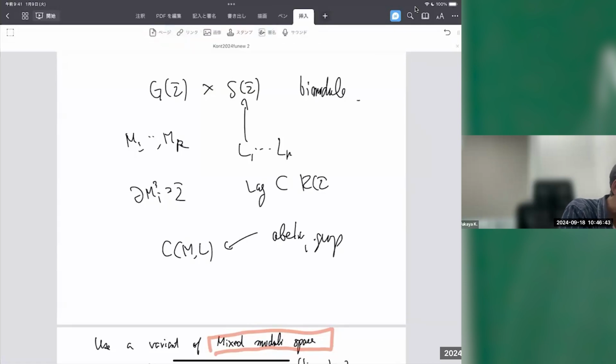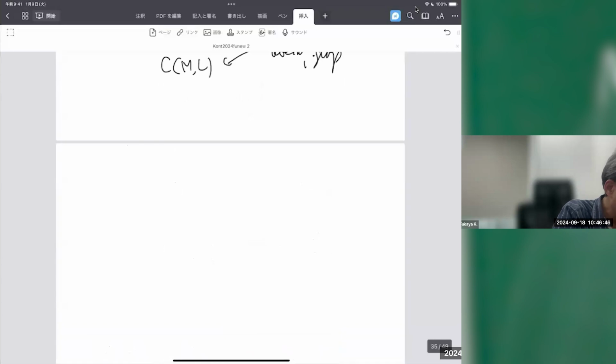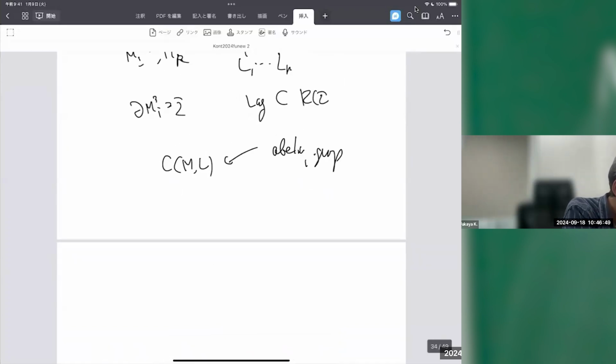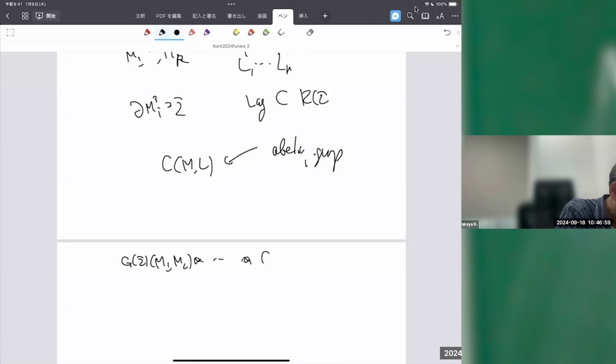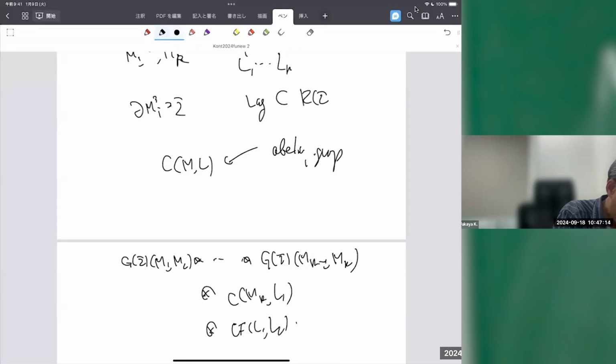And then something we need next is the following. G sigma of M1, M2, tensor G sigma of M_{K-1}, M_K, tensor C of M_K, L1, tensor Floer's chain complex of L1, L2, and so on, Floer's chain complex of L_{K-1}, L_K.